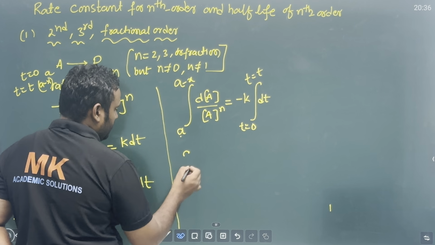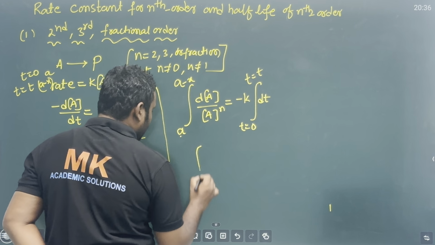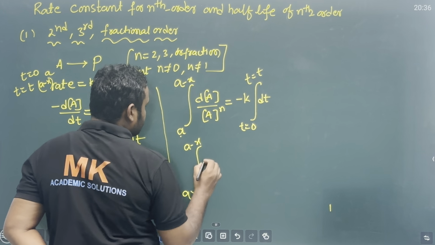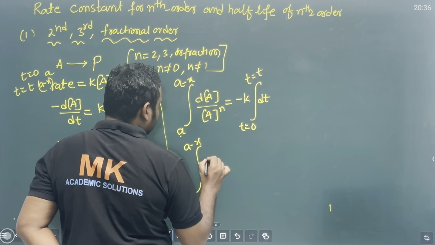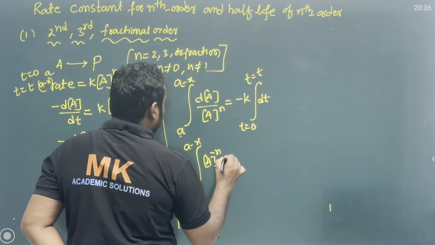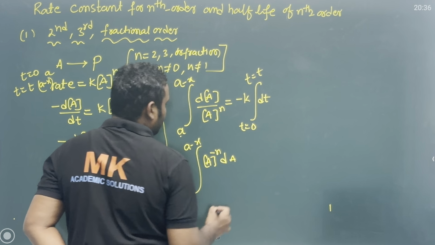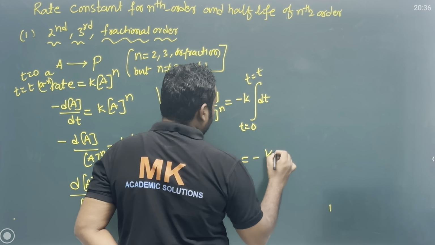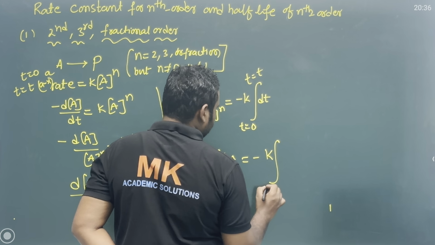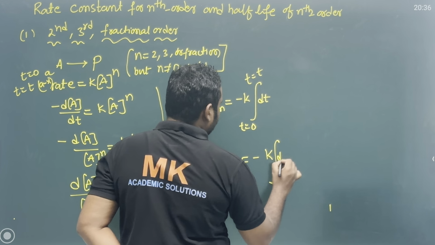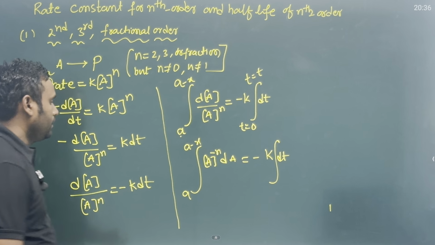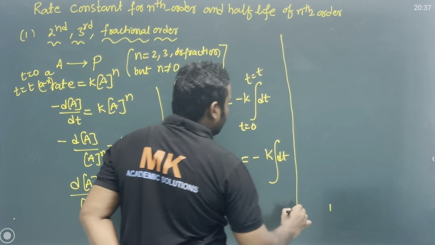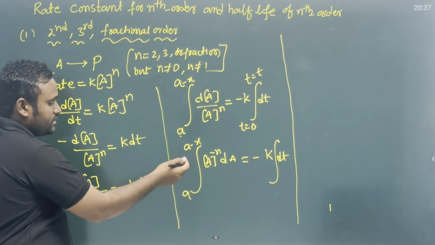Integral from a to a minus x of A power minus n dA is equal to minus k integral dt. Now let us apply the formula for this.